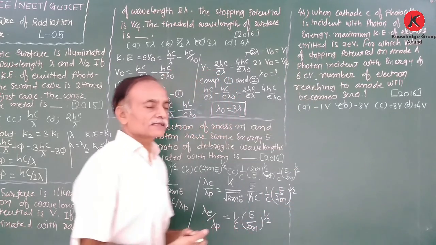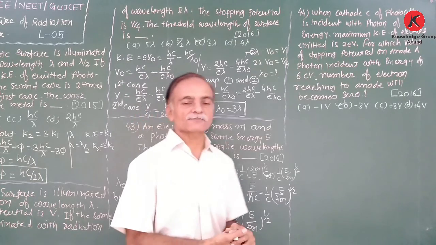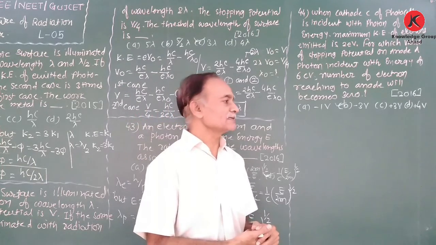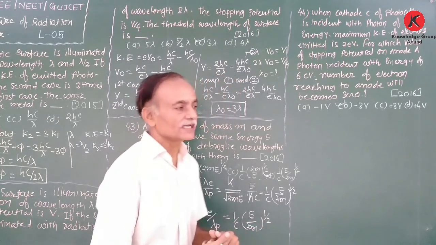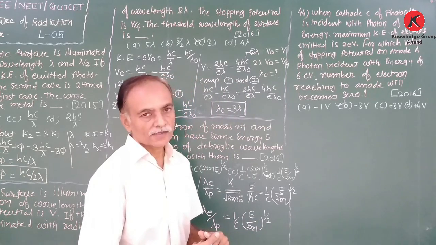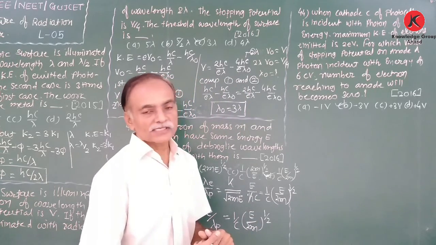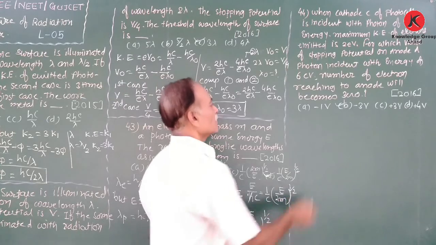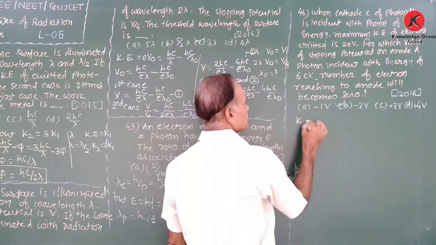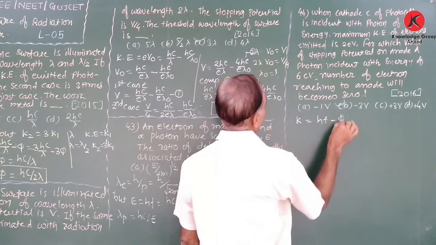So we are using the equation of Einstein's photoelectric equation. Maximum kinetic energy is equal to hf minus phi 0. First we find out what is the work function. Therefore, kinetic energy K is equal to hf minus phi 0.